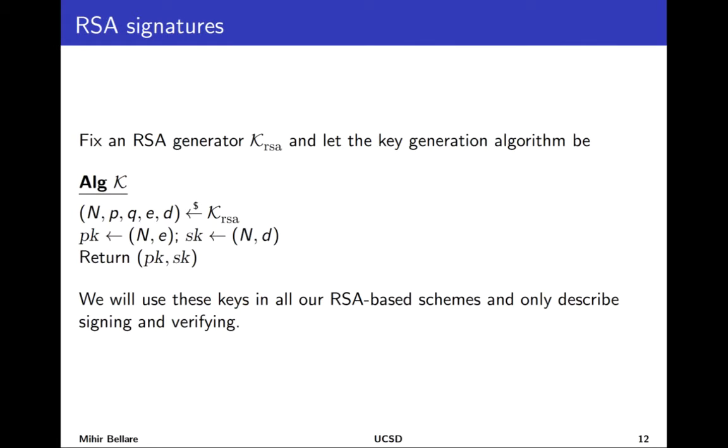Okay, so now we're ready to see how we might actually do this. It turns out that RSA lends itself very nicely and easily to signatures. And while when studying encryption, we started with discrete log-based schemes and moved to RSA, here we'll do the opposite. Remember that whenever we work with RSA, we start with an RSA generator.